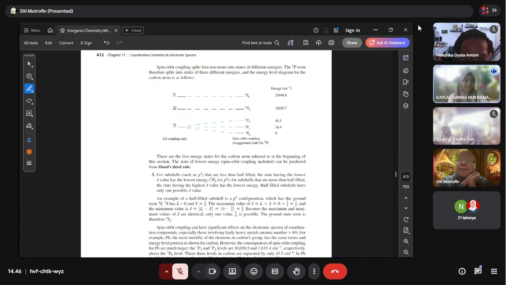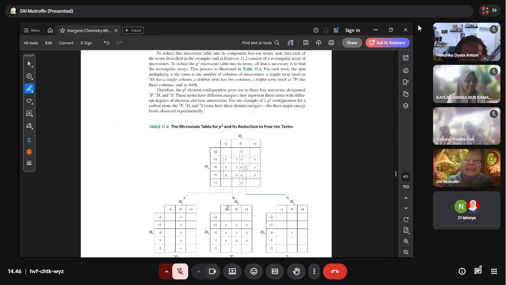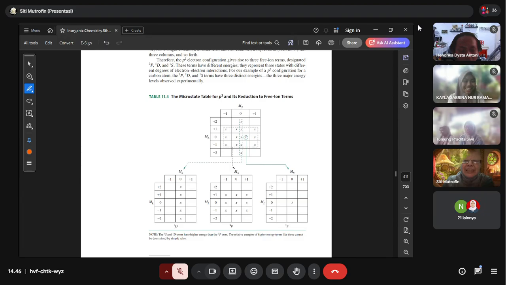Mari kita pakai nilai maksimum. 2S plus 1. Why for the P is the spin multiplicity 3, not minus 1 or plus 1? Kayla, now I'm asking you. Because it's the maximum.